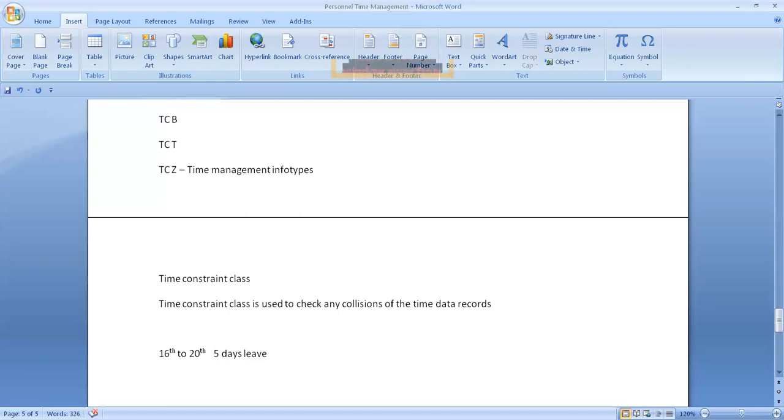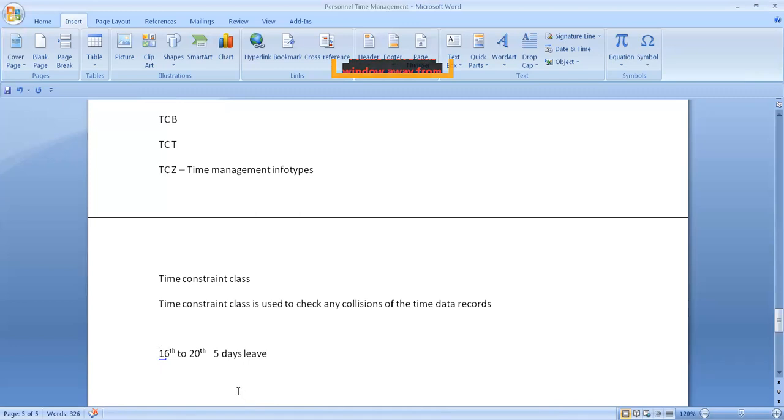So, for example, the employee is applying for leave for 5 days from 16th to 20th. It's not 4 days, it is 5 days: 16, 17, 18, 19, 20.